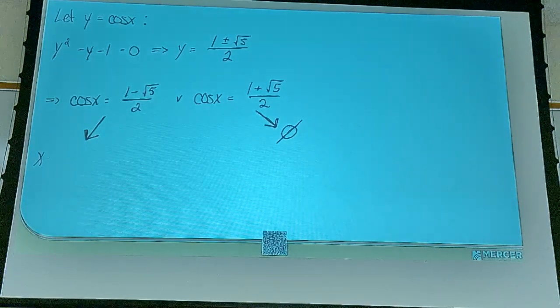What is the range for the inverse cosine? Which means for one of our solutions, we don't have to do anything fancy. Right, just the inverse cosine of 1 minus root 5 over 2.